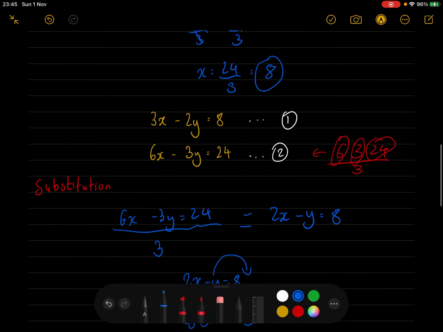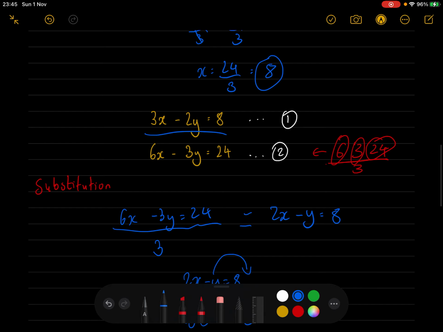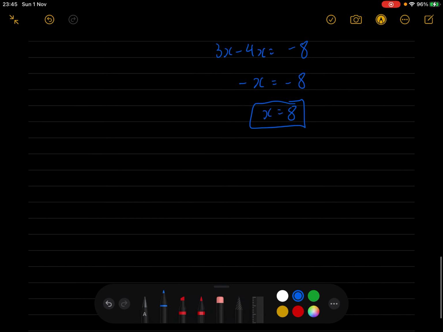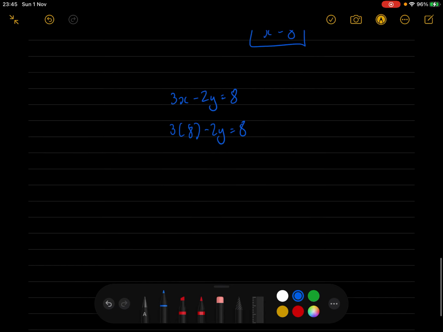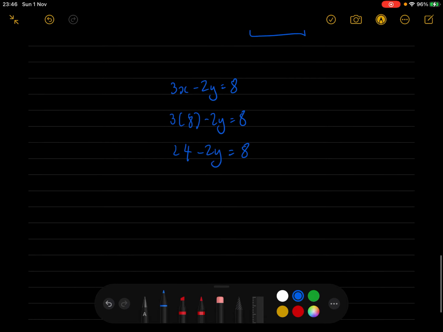Now I can substitute x is equal to 8 in the first equation, 3x minus 2y is equal to 8. Because x is equal to 8, 3 times 8 minus 2y is equal to 8. 3 times 8 is equal to 24, and negative 2y stays the same. Now we are going to move the 24 to the right hand side of the equation by taking away 24 from both sides.